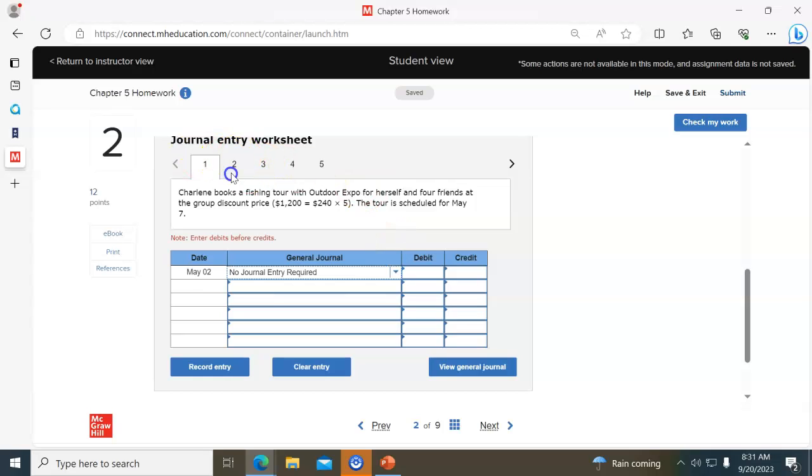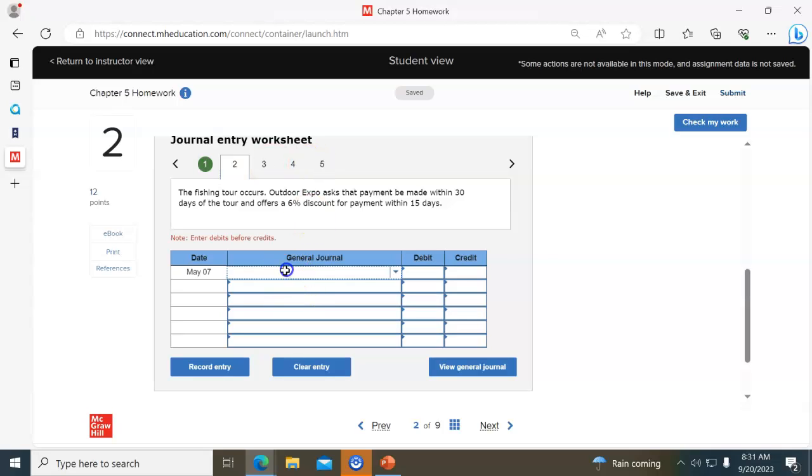Next, the fishing tour occurs. Outdoor Expo asks that the payment be made within 30 days of the tour and offers a 6% discount for payment within 15 days. What are we going to report as an entry? It happened. Didn't the event happen?